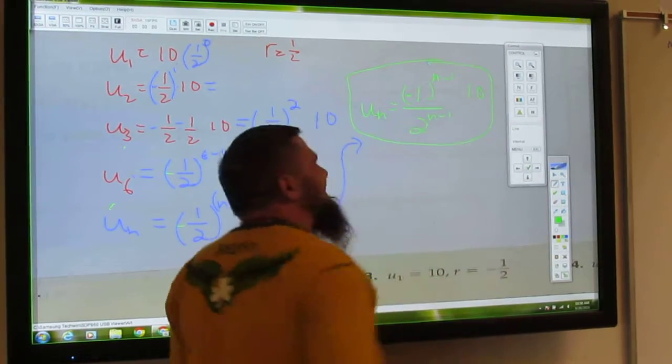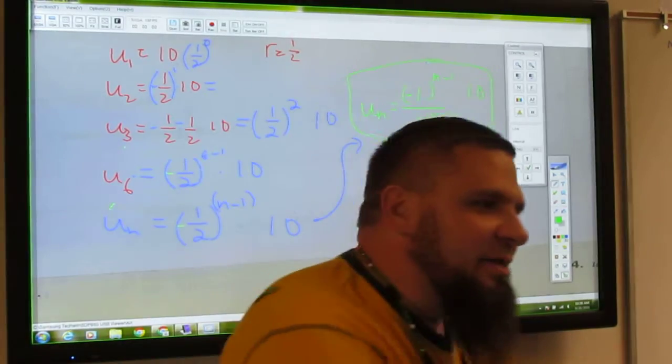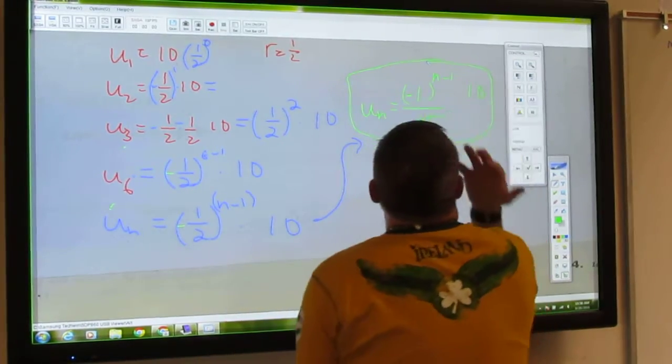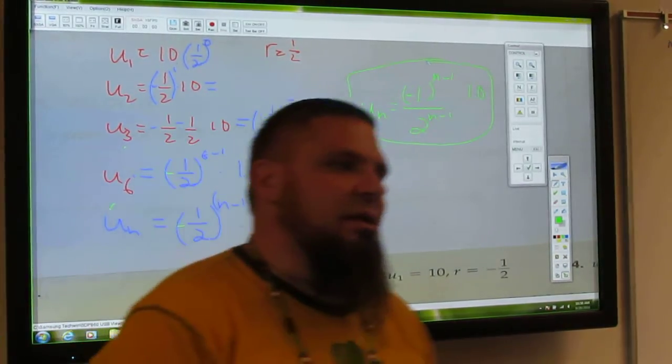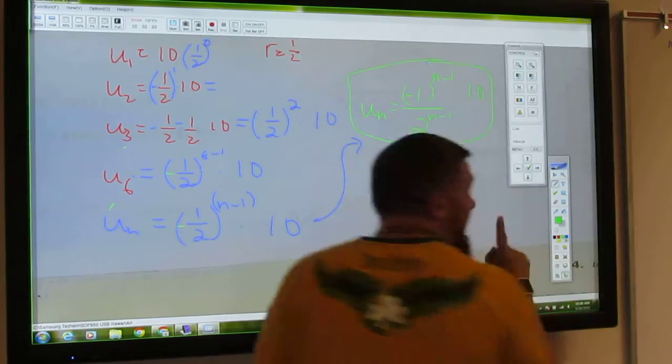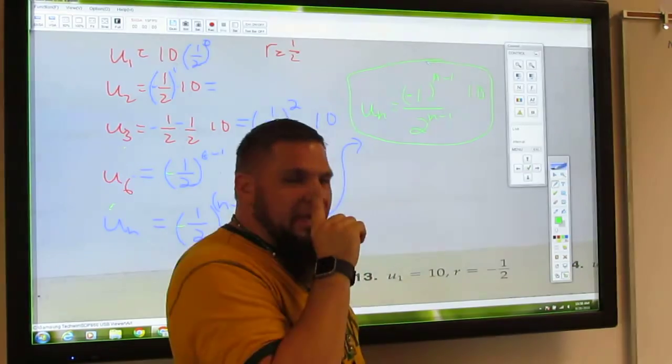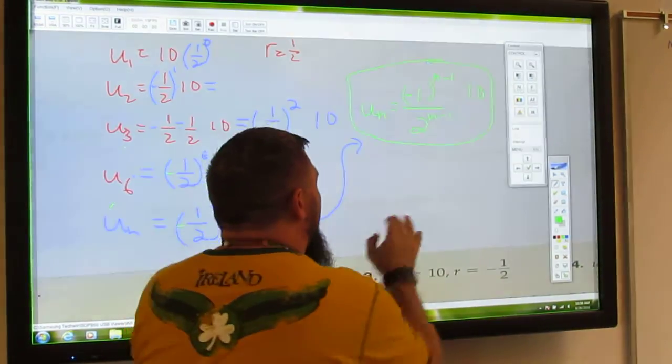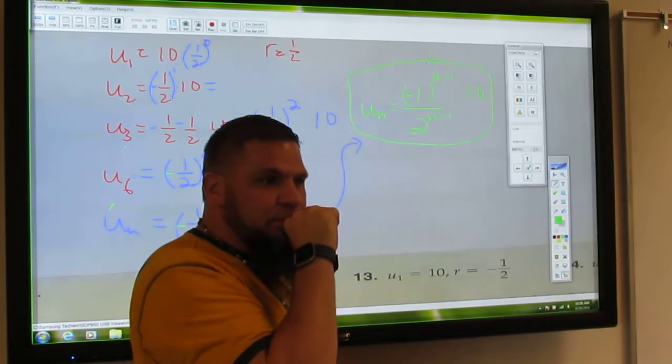Except this is still not done, because we still have the 10 and the 2. If I take the 2 out of a 10, I'm left with 5, but then I've got to make sure that I have the right amount of n's here.